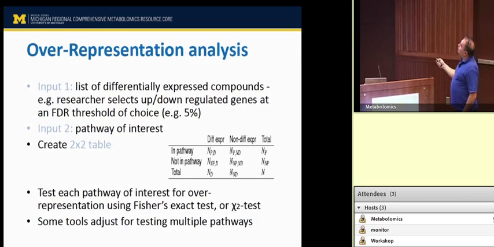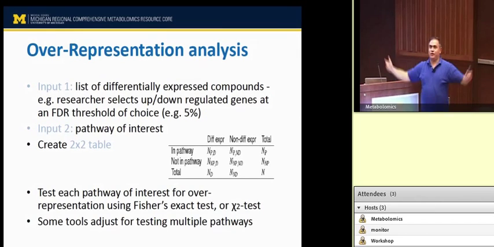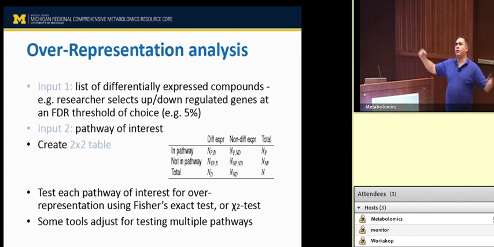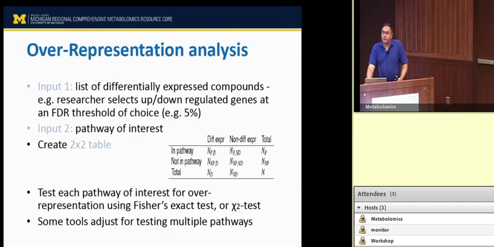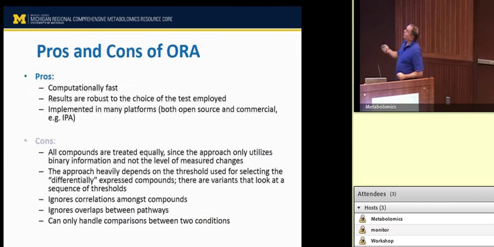The fact that some of the compounds in the pathway may have been super differential, exhibiting very, very small p-values, whereas some others were borderline differential, the procedure is oblivious to that information.